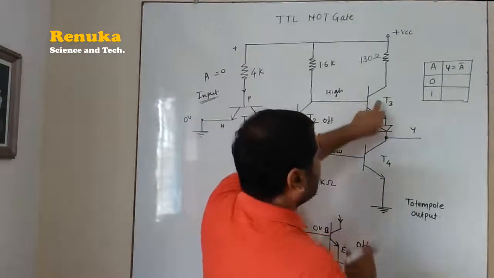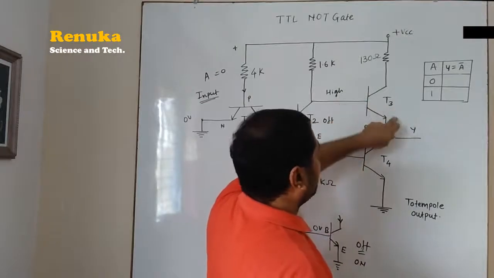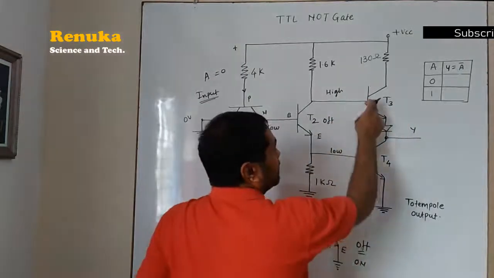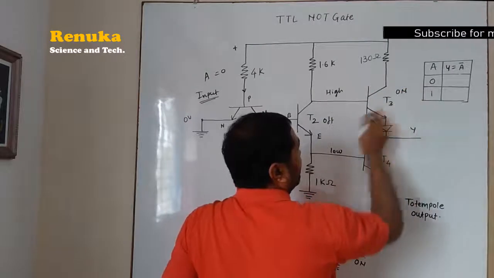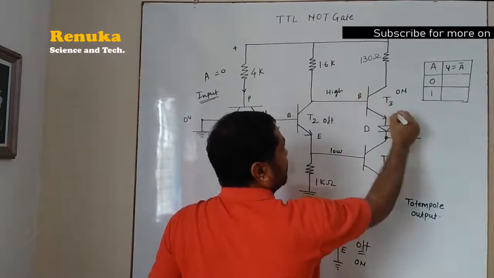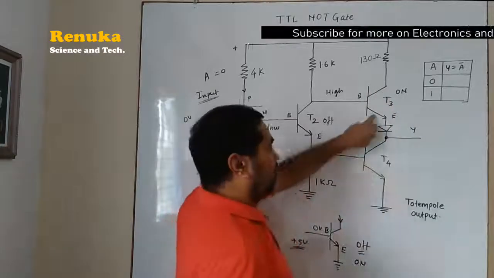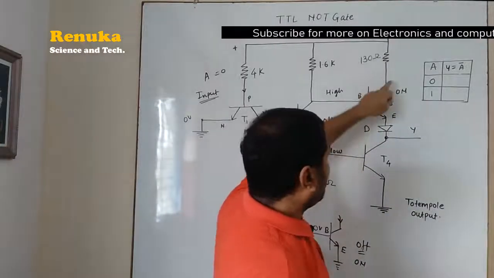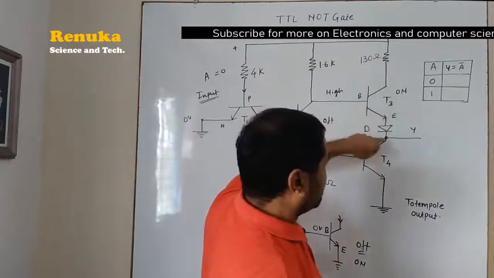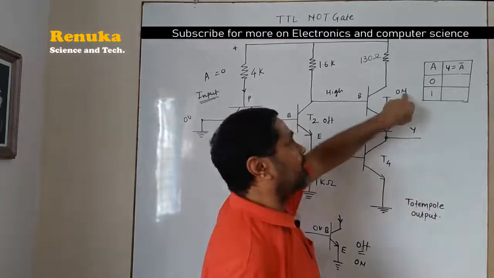If high voltage is connected to the base emitter of T3, then this transistor obviously will be on, because the base to emitter voltage is high. So the diode between the base and emitter will be turned on, or forward biased, so all the current can pass through the transistor. That is why we can say that the transistor is on.